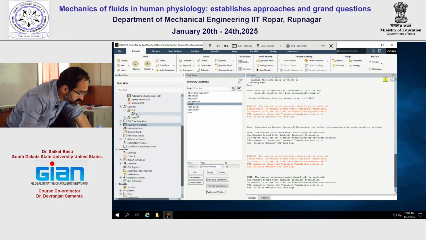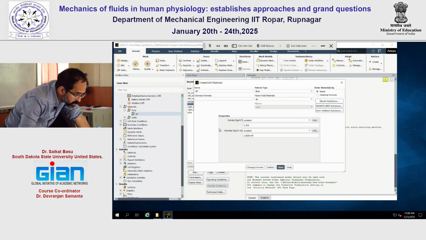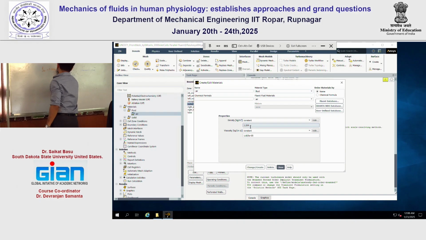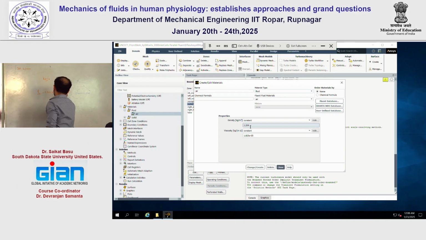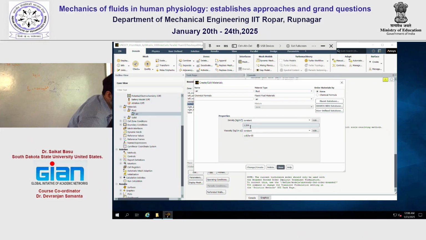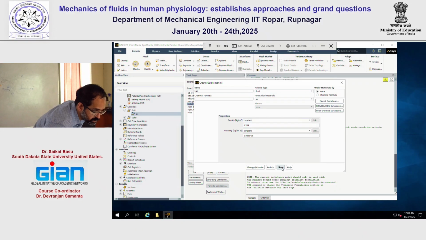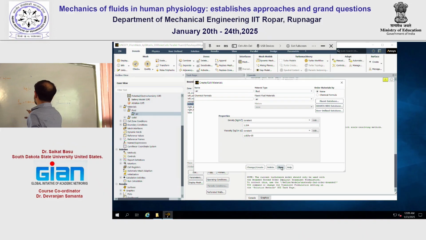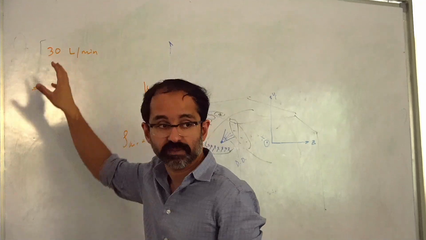So go to the materials, air, 1.204 kg per cubic meter. Sorry, this is density. Sorry, my bad. So this is the density of air. So you have to use this to figure out what would be the kg per second rate for 30 liters per minute.